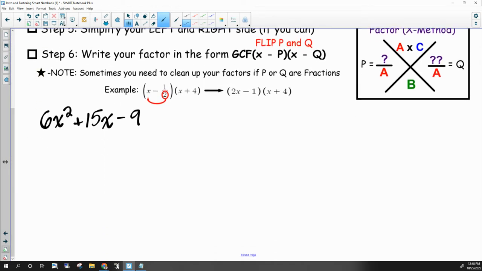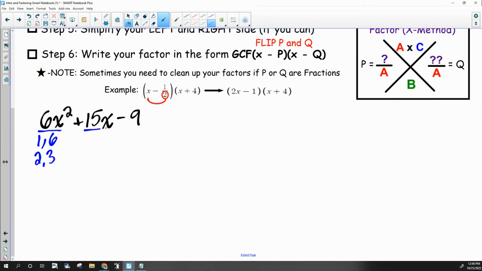So here's our quadratic, 6x squared plus 15x minus 9. We need to figure out, is there a greatest common factor? That is why we spent yesterday doing this. What are the factors of 6? 1, 6, 2, 3.